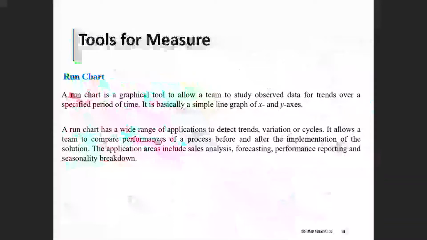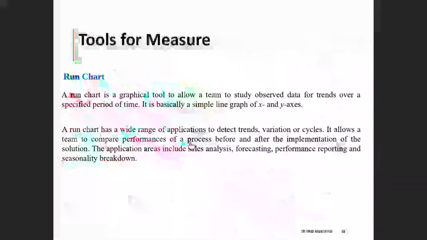The run chart has a wide range of applications, and it is used to detect trends, variation, or cycles that happen in the process. It also allows the team to compare performance between the measure and improve phases. So this tool, you can see it in the control phase. Why?